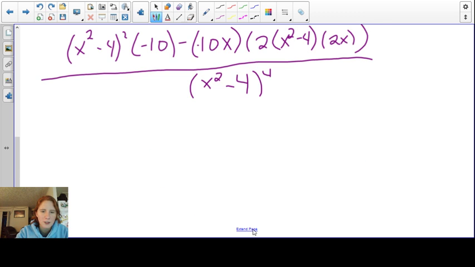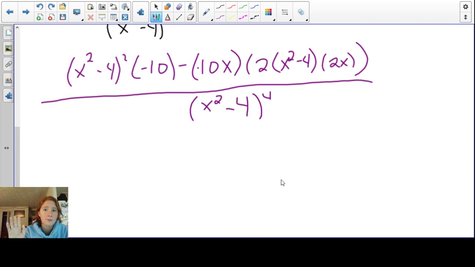Now, before you start multiplying things out, hold the phone, because I want to point out something cool. What do you notice here? And here. And here. I have a factor of the denominator in each piece.